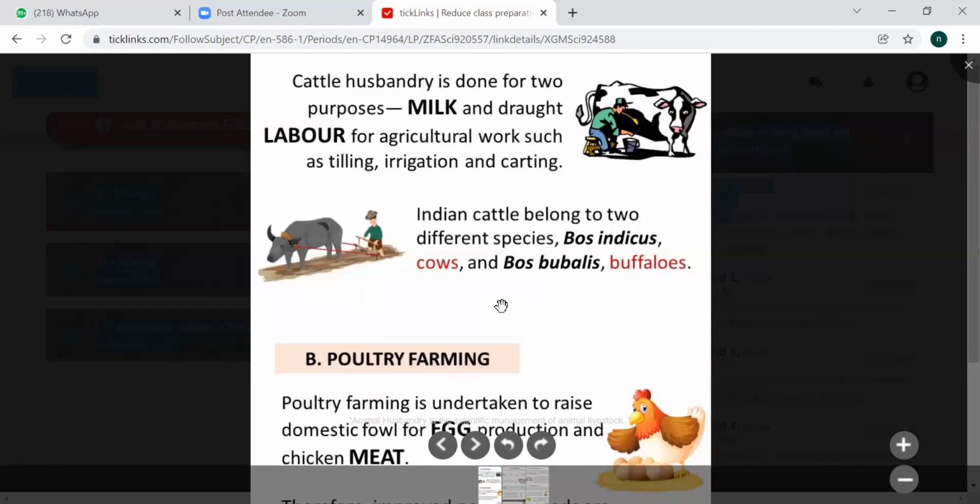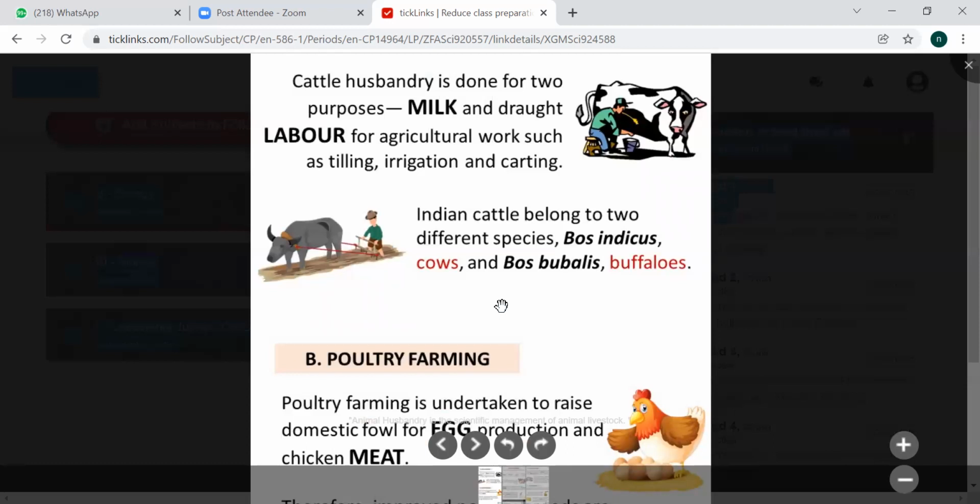So Indian cattle belong to two different species. Bos indicus are the cows that give us milk, and Bos bubalis is the scientific name of buffaloes. So we need both cows and buffaloes, which take care of our cattle husbandry and meet our needs and demands.